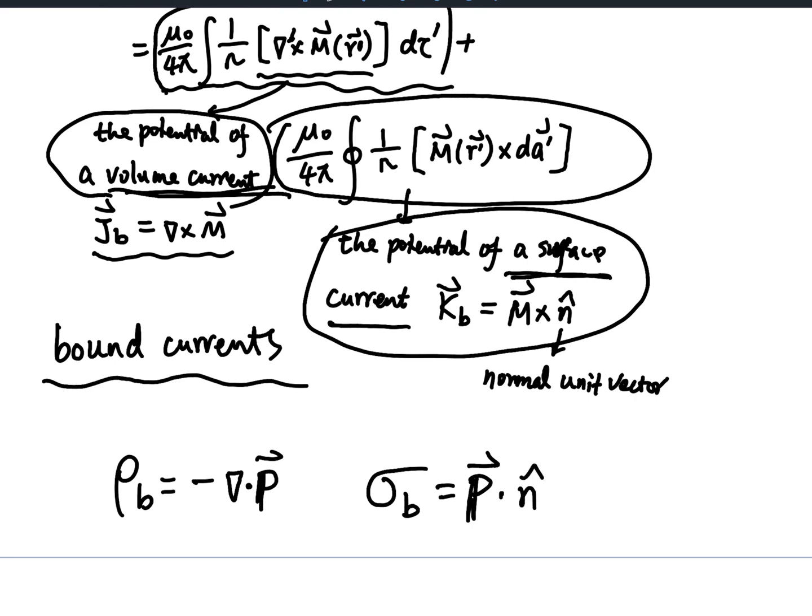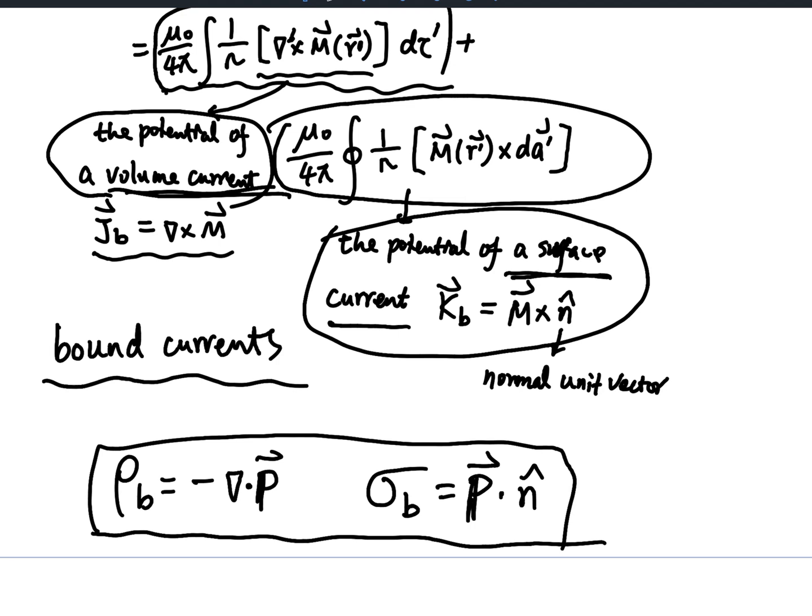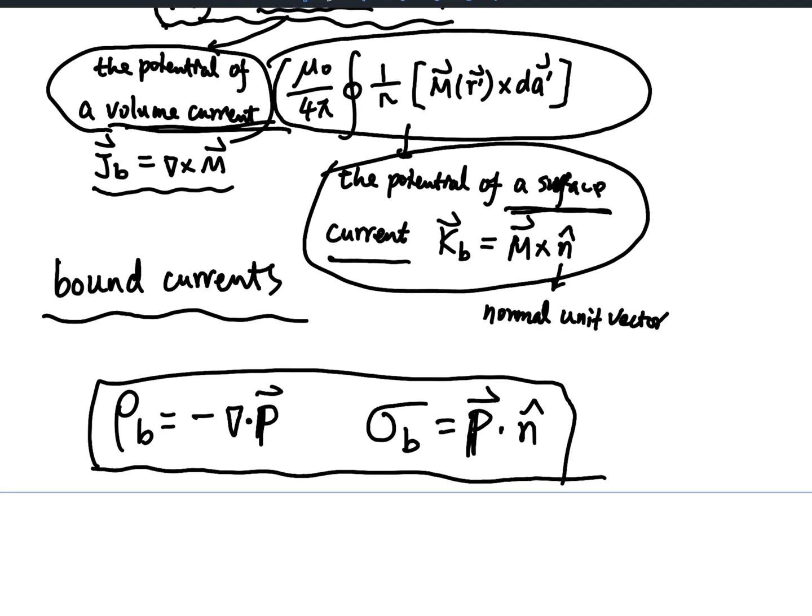So when we talked about the electric field in matter, we said the scalar potential is equivalent to the same object, but now we consider a bound volume charge written this way, plus the field caused by a surface charge that is defined this way.